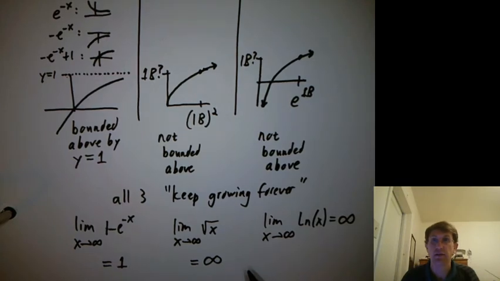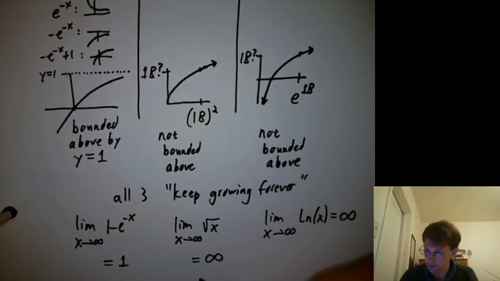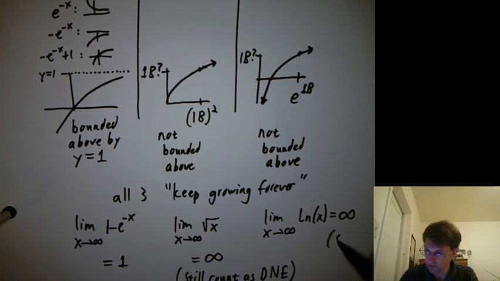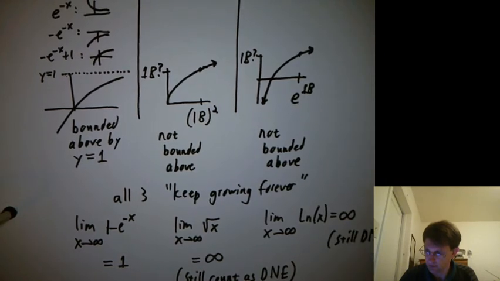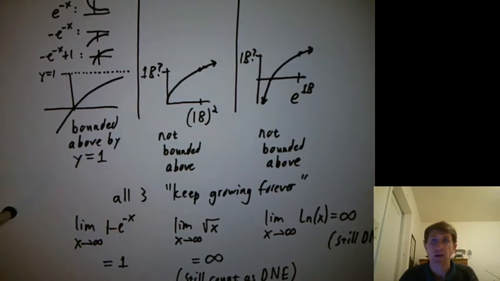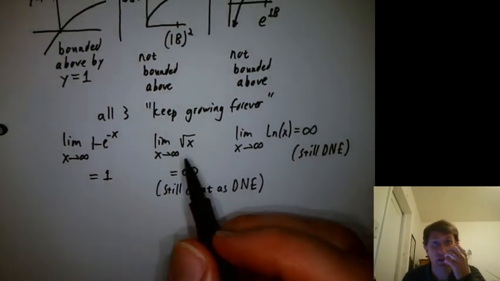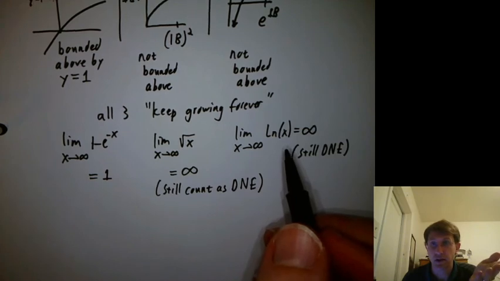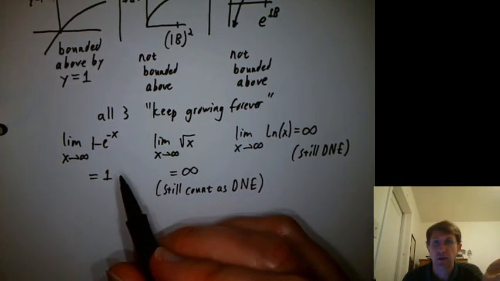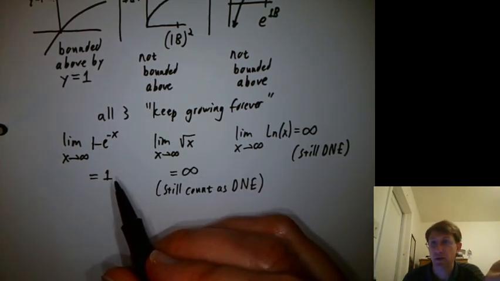And these infinities still count as DNE. So sometimes when we take a limit as x goes to infinity, we get infinity for the y values. Sometimes we get some finite number.